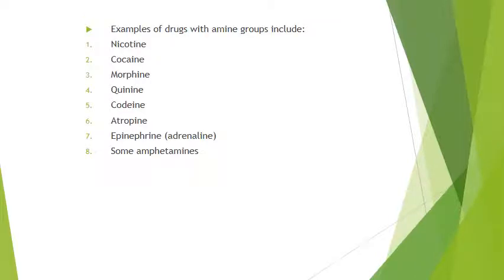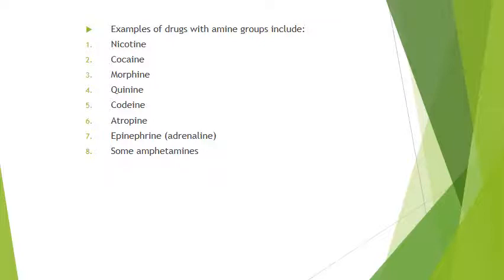Here are some common drugs with amines: nicotine, cocaine, morphine, quinine, codeine, atropine, epinephrine or adrenaline, and amphetamines. Notice they all have the "ine" ending in their names. Just about every pharmaceutical drug out there will be an amine.